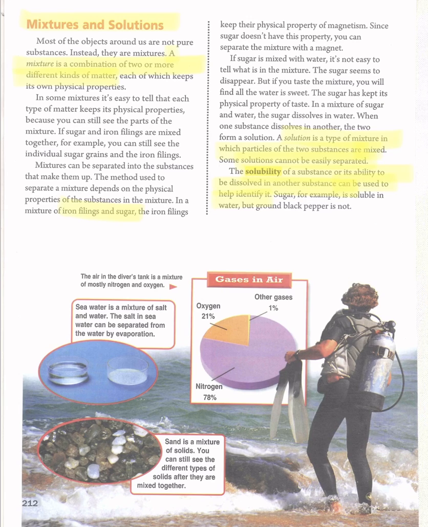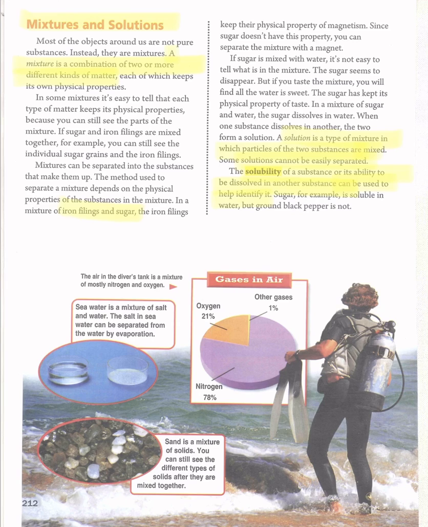For example, sugar dissolves in water. But ground black pepper cannot dissolve in water. It means sugar is a soluble substance, but ground black pepper is not a soluble substance. Hope you get it. Solubility, it's what?